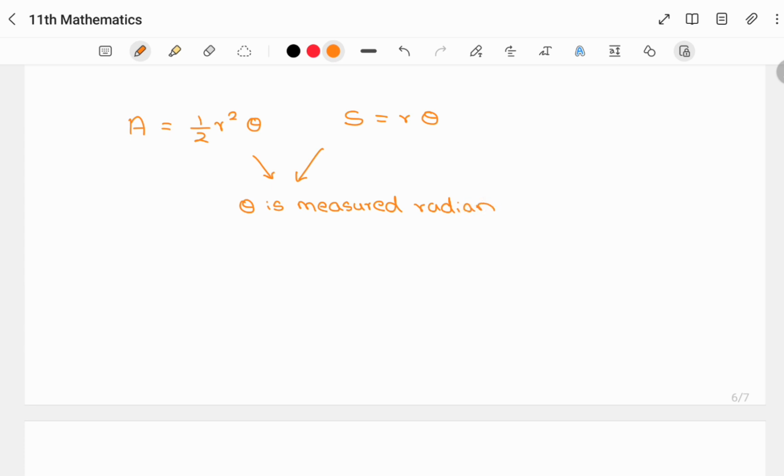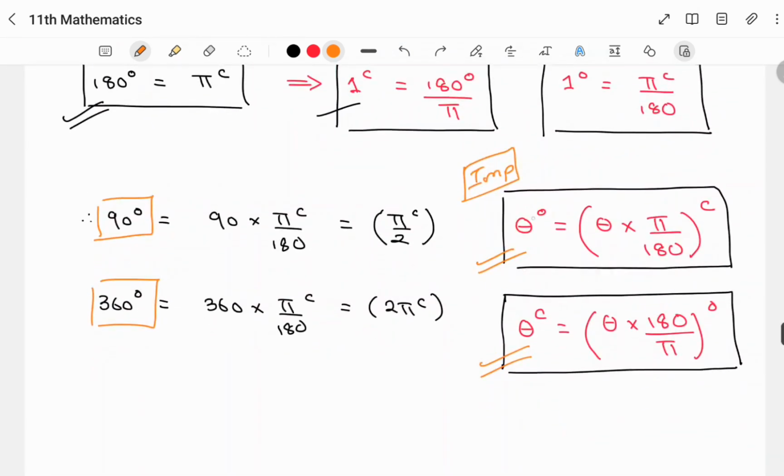Okay, fine. So that was all about angle and its measurements, where we saw the basics of angle, the types of angle, then the measurement of angles, how we convert from degrees to radians and radians to degrees.